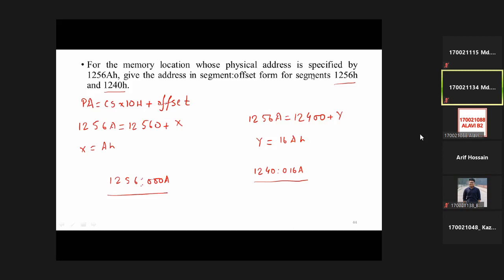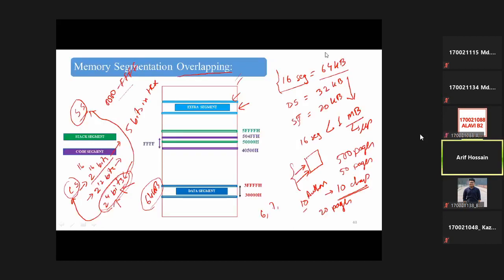Sir, could you repeat how it represents the same physical address? That is what we discussed in this particular slide. If that physical address is somewhere in these bits, which is shared by both segments, then from both segments you will be able to access that address, isn't it? Assume the address we got is somewhere over here, in the portion which is overlapped.